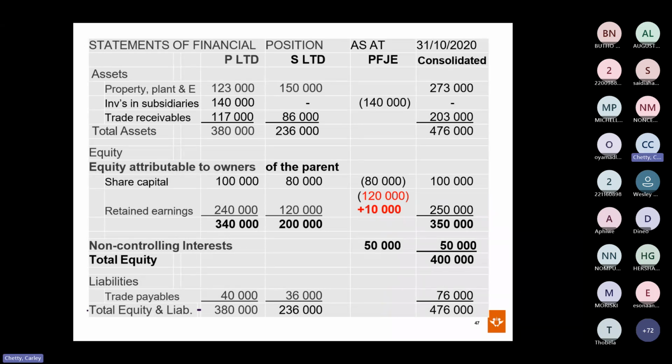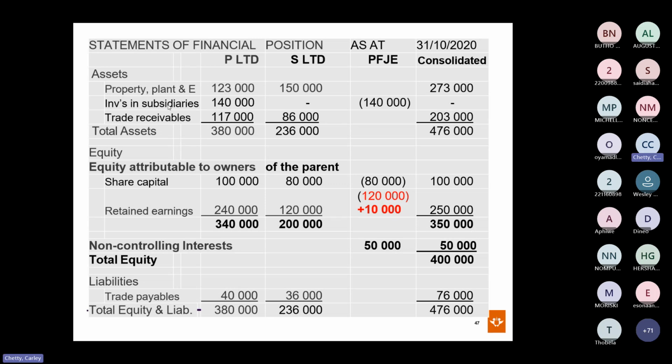So we have P and S's property, plant, and equipment. So P had PPE of 123,000 Rand. S had 150,000 Rand in their separate financial statements. So we're simply adding P plus S. That will give us a consolidated figure of 273,000 in the consolidated statement of financial position.